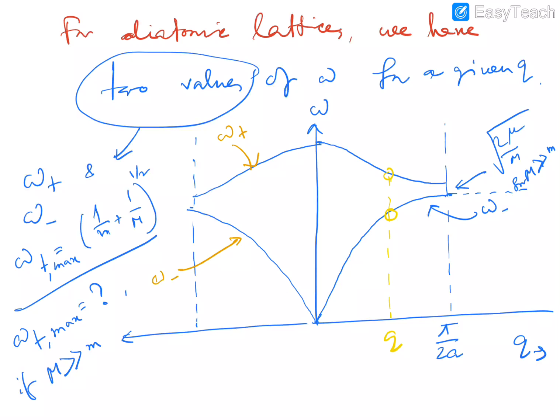Now in summary, there are two branches, one is the acoustic mode and another is the optical mode, corresponding to one q value. At q very small, for the acoustic mode omega almost tends to 0. However, in this long wavelength limit, optical modes can be excited, of very large wavelength.